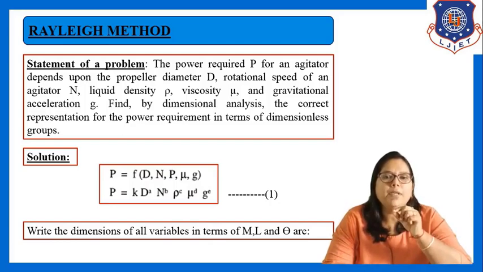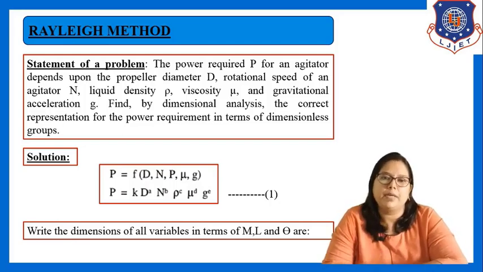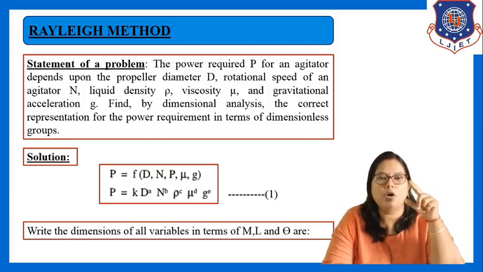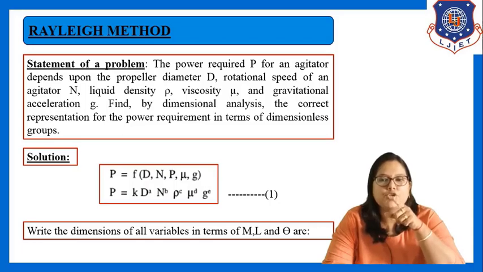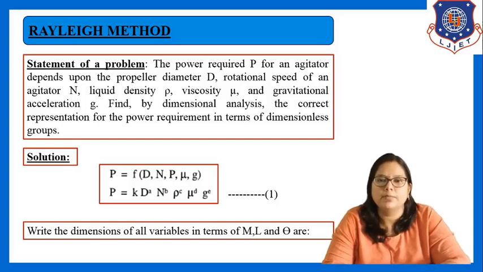Power P is the dependent variable and it depends on D, N, ρ, mu and G, which are independent variables. So I have given an exponent to all independent variables. I have written D raised to a, N raised to b, ρ raised to c, mu raised to d and G raised to e. This is my equation number 1.